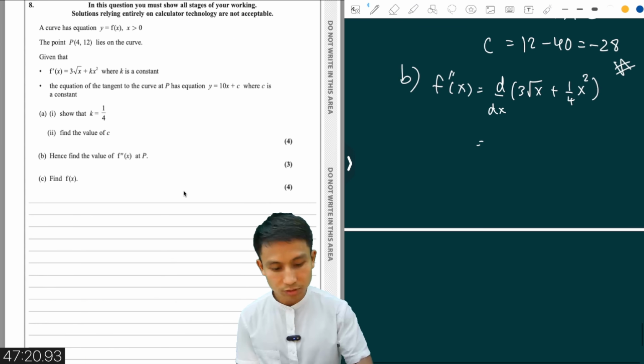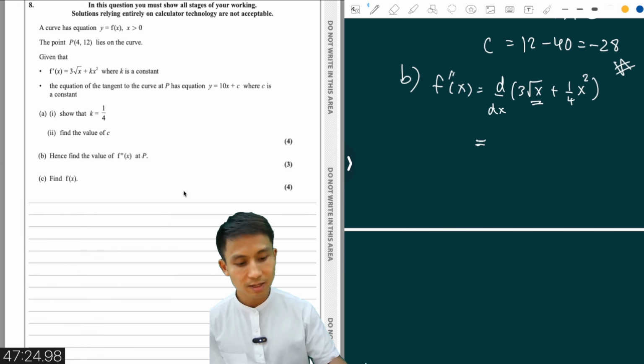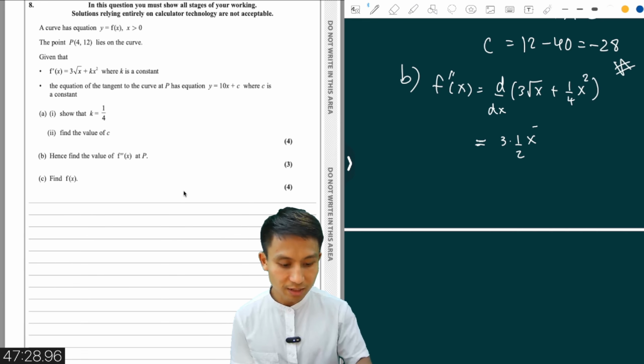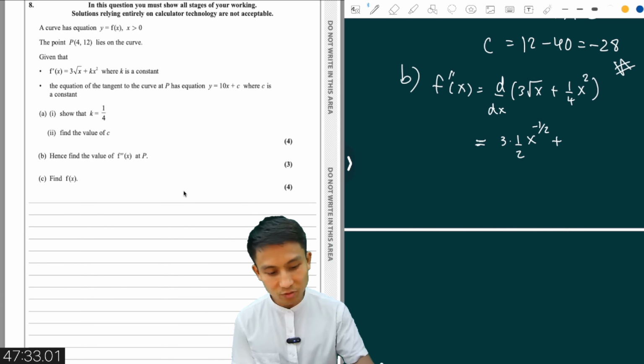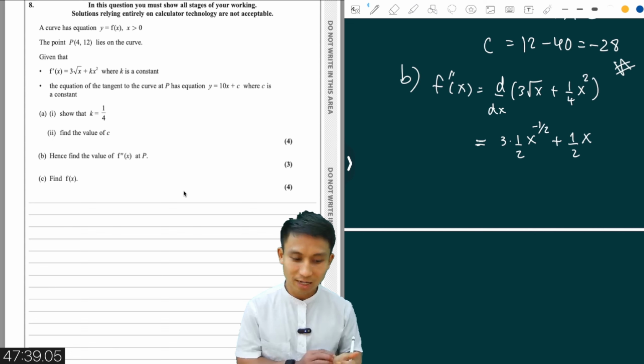Alright, so this is just equal to, differentiating x to the power of a half here is just bringing a half down, and that is subtracted by 1. And then bringing 2 down, we have a half, and x to the power of 1 because that's 1 less.